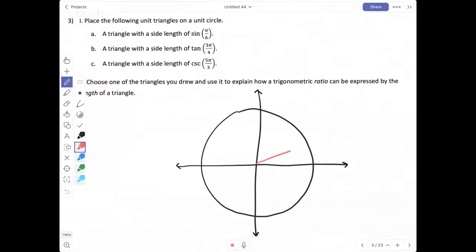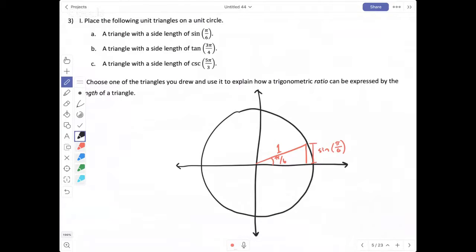If I want the sine of pi over 6 to be one of the sides, I remember that sine is opposite over hypotenuse. So if I make the hypotenuse equal to 1, then this side here will be the sine of pi over 6, because that angle is pi over 6.